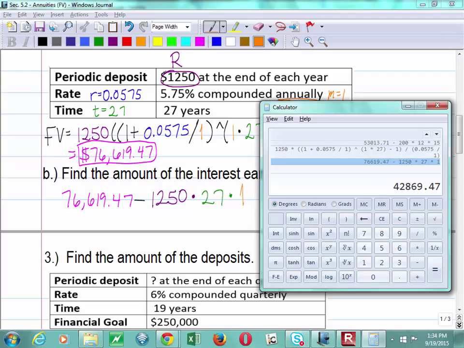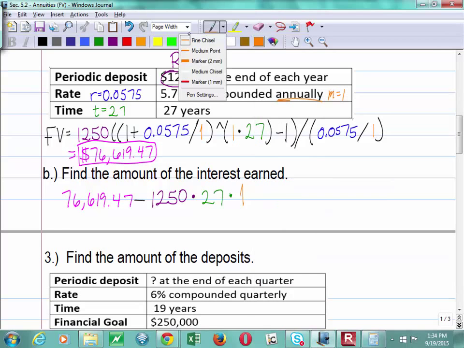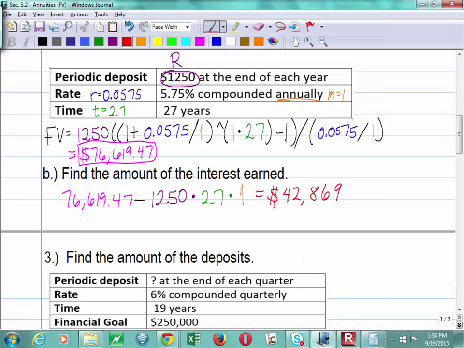That's quite a lot. And this is why Einstein said that compound interest is the eighth wonder of the world.